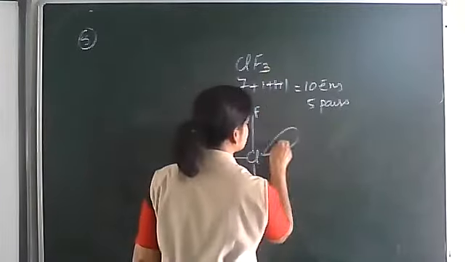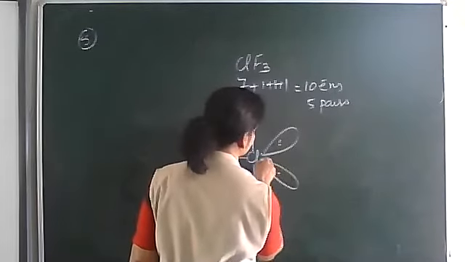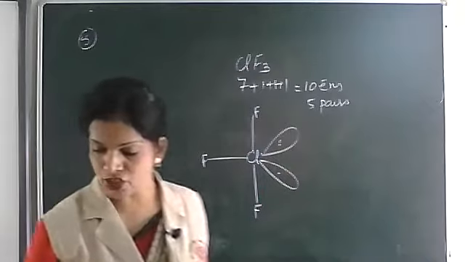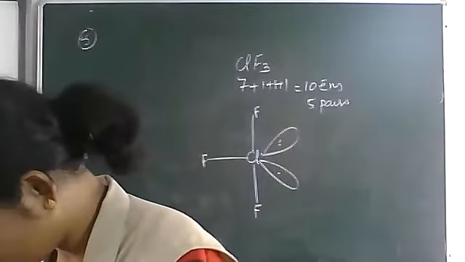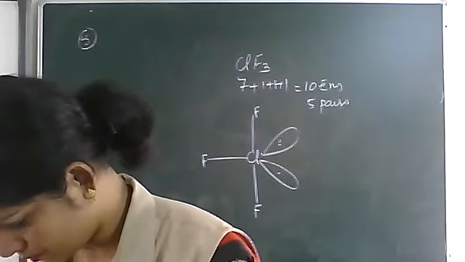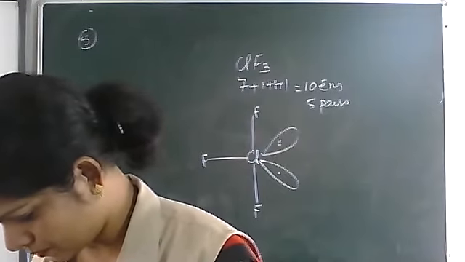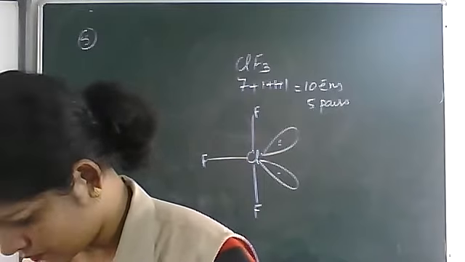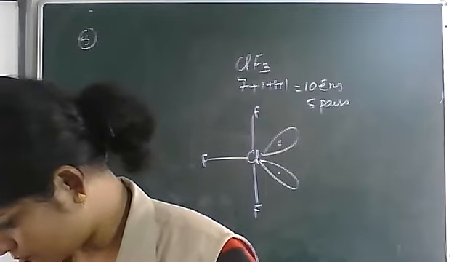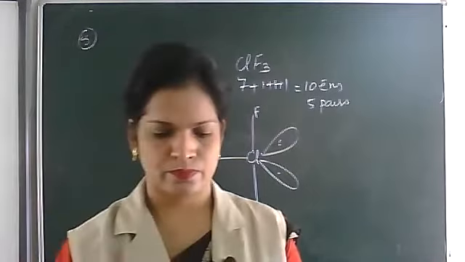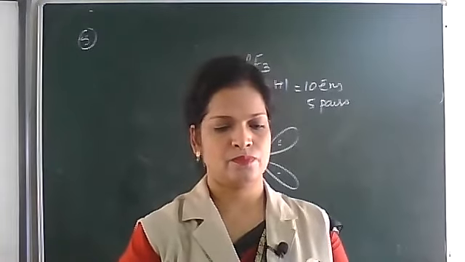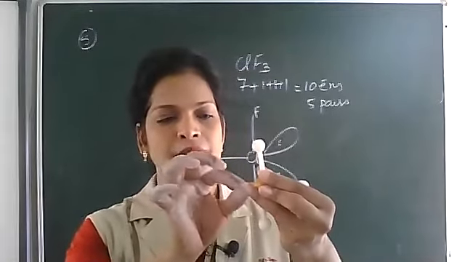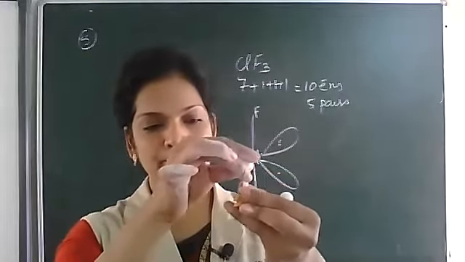2 lone pairs are kept at the equatorial position. So this is a T shape. Here there is a lone pair and here also there is a lone pair.